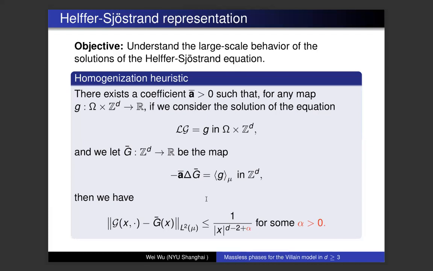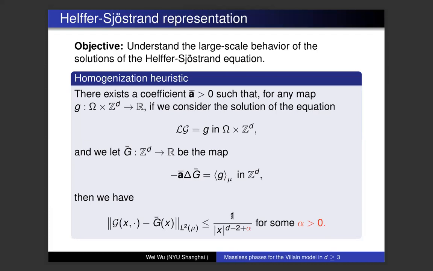In particular, a quantitative result would show that if you compare the solution of the Helffer-Sjöstrand equation with the limiting constant coefficient equation, the difference is small, in the sense that it is much smaller than the typical order of g bar of x.